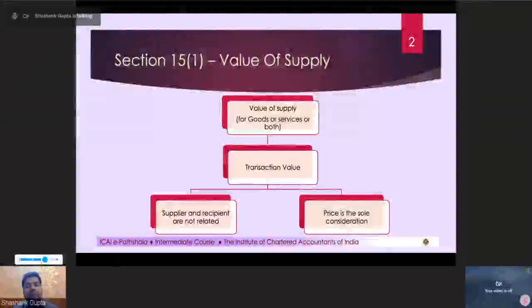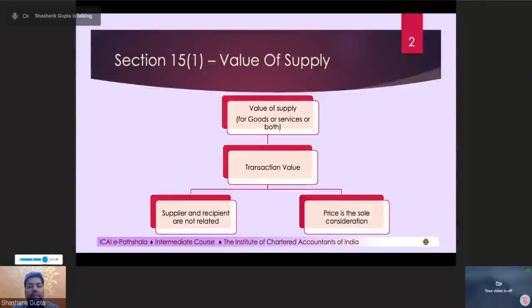And basis that, for the same kind of service, when done at 4 different levels or with 4 different sets of people, is resulting in 4 different types of value, 4 different types of valuation. Now a question should arise whether this separate value should be considered as the correct value.